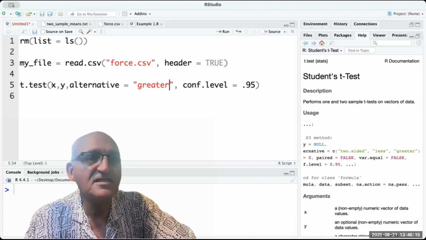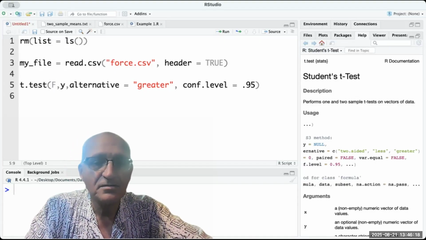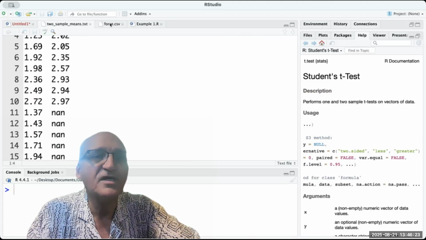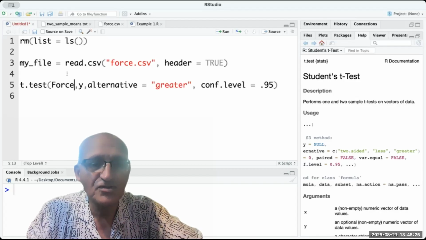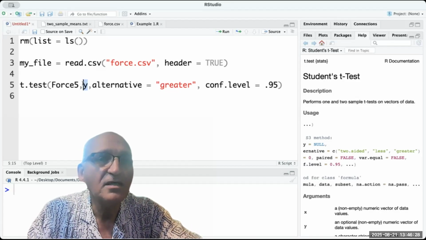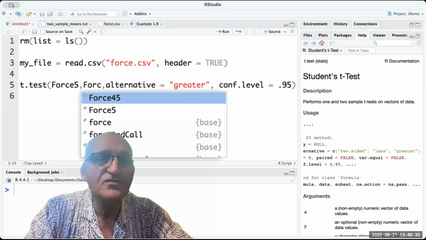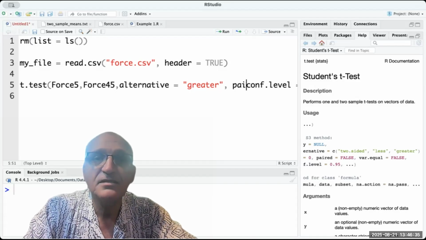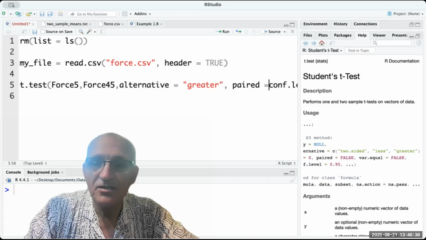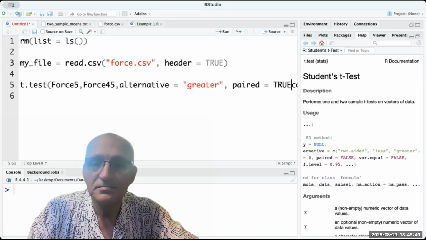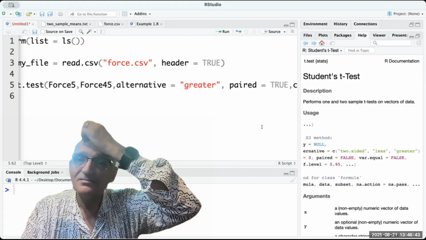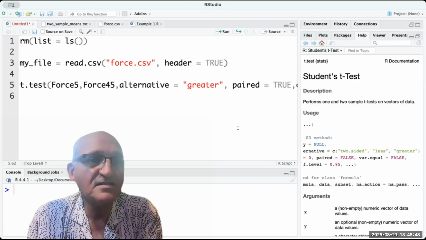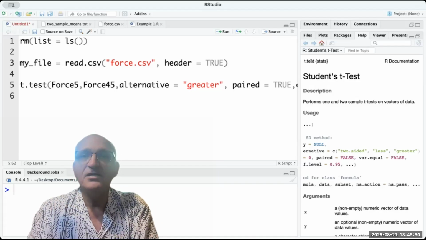And here the t-test is between force 5, comma, force 45. And then I'm going to say paired equals true. And the confidence level is 0.95 as it is. That's it.